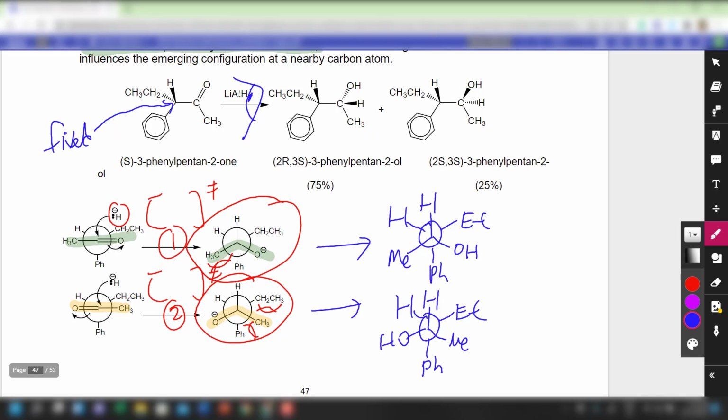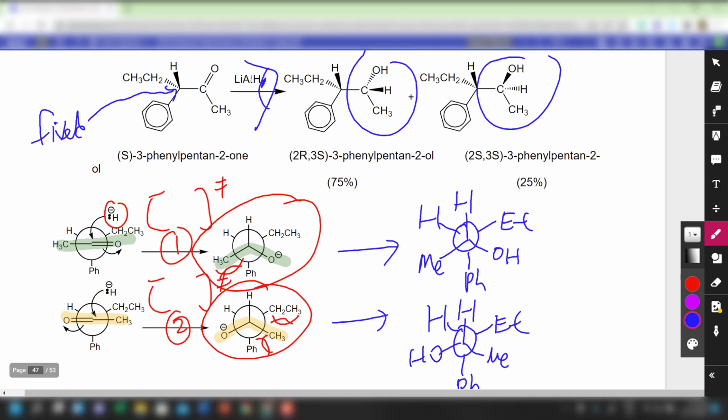So maybe on your end you might want to redraw. But if I'm going to show the conformation in that particular manner, what I'm going to have is this is a phenyl, and this is an H here, and then the ethyl group like this, so it's the same as this portion.